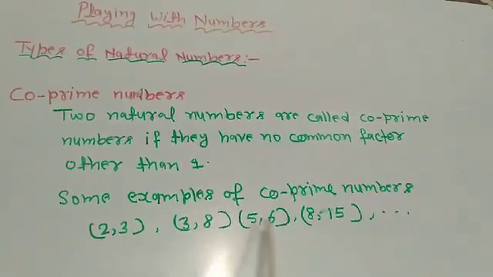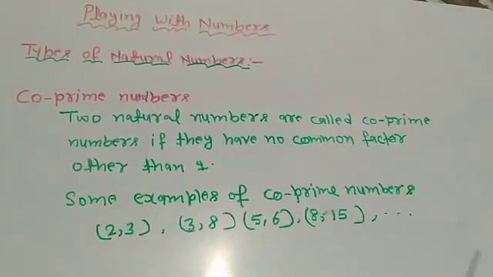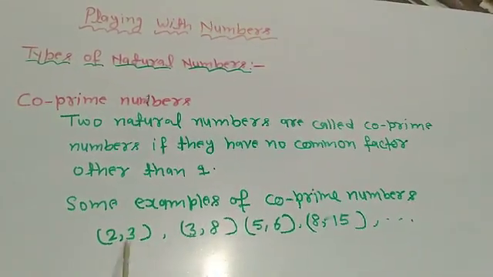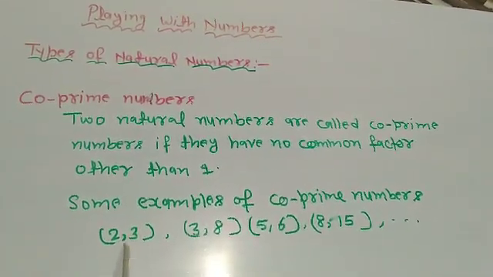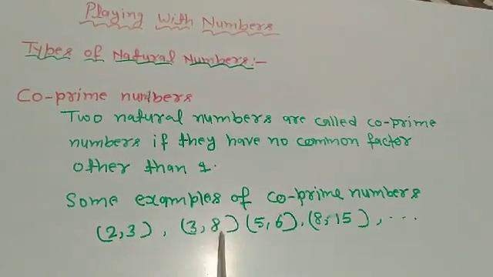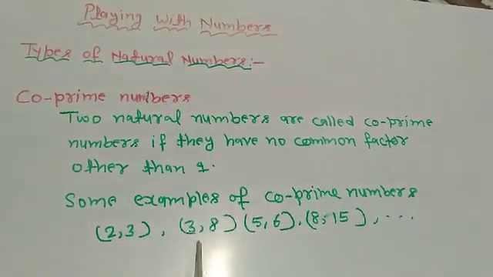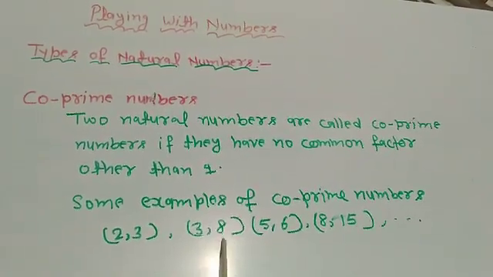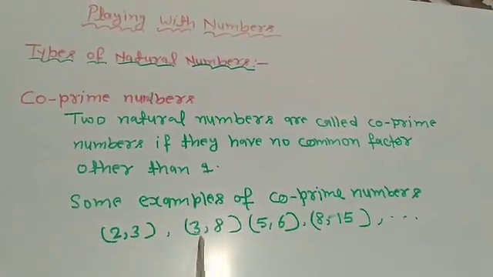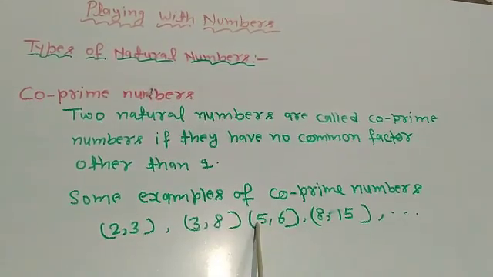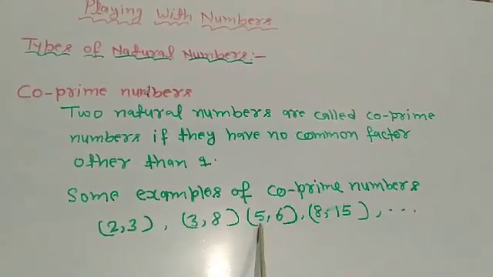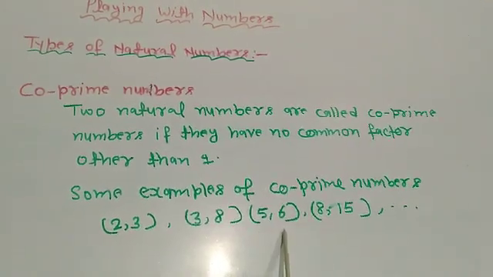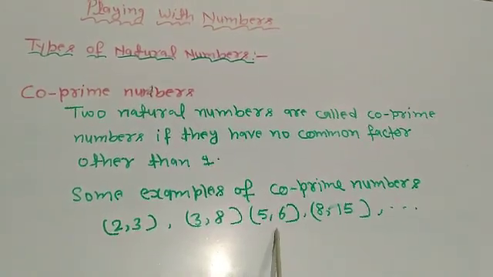Some examples of co-prime numbers: 2, 3. These are two natural numbers, but they have no common factor except 1. 3, 8. Both are natural numbers, but they have no common factors. 5, 6. Both are natural numbers, but they have no common factor other than 1.